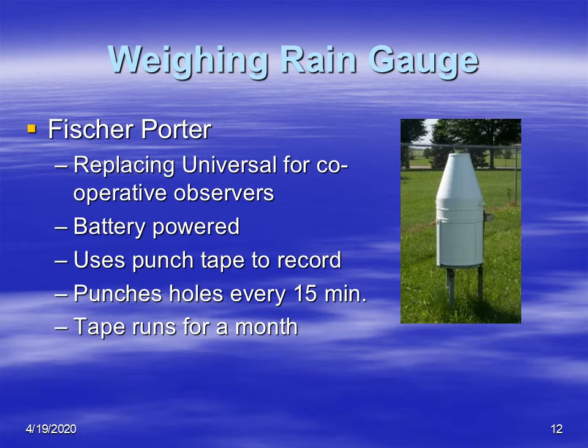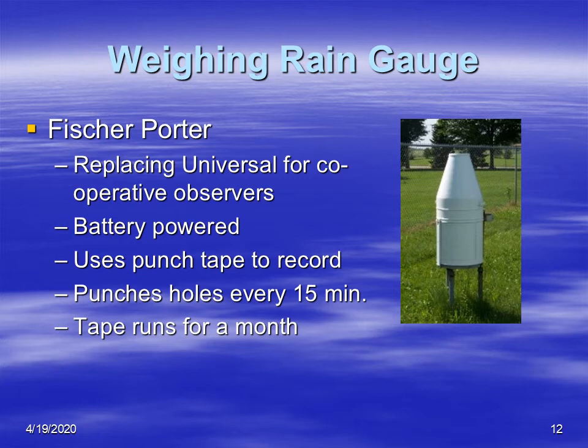They also record the information, instead of using a pen and ink and a recording drum, using a punch tape, similar to the very old programming methods for writing computer programs back in the 1960s and 1970s, believe it or not.